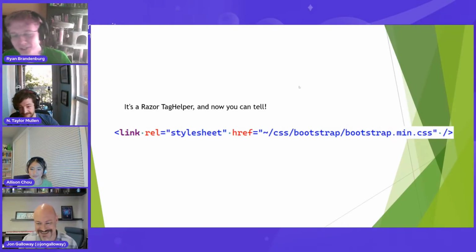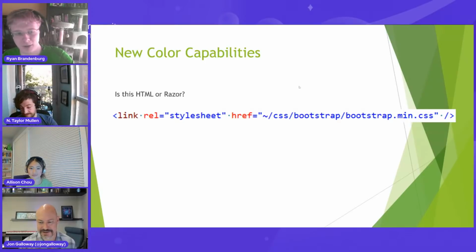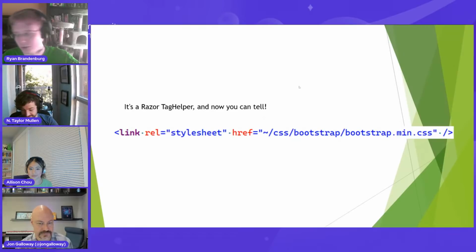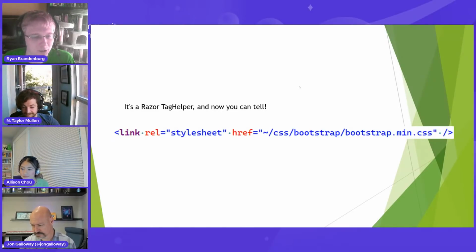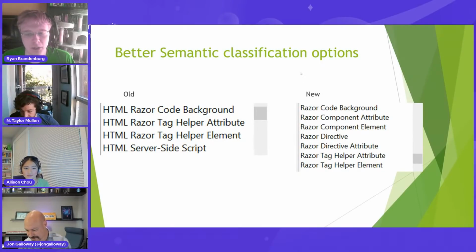This is a screenshot from the old editor, and the link is not purple. In the new editor, we colorize that because we have more access to information about the state of the world. So now you know when you're using a tag helper. Very cool. Another thing we did was increase the number and descriptiveness of classifications.